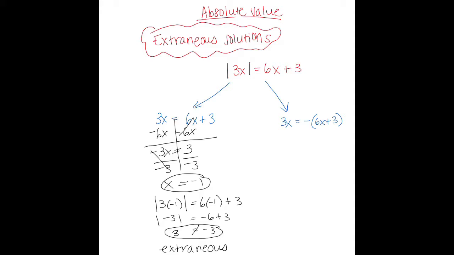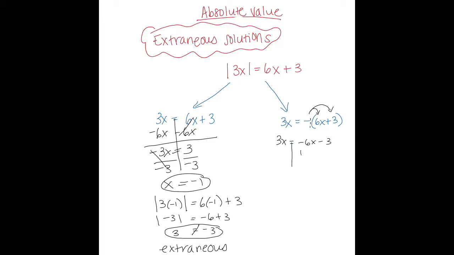So we're going to take this and we're going to solve. So the first thing I would do is there's an invisible negative 1 here, and I'm going to distribute that negative to both terms since we are saying the absolute value is equal to the negative version of 6x plus 3. So we have 3x equals negative 6x minus 3 once the negative is distributed.